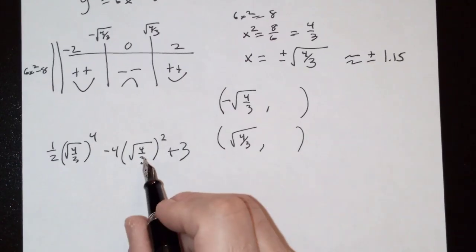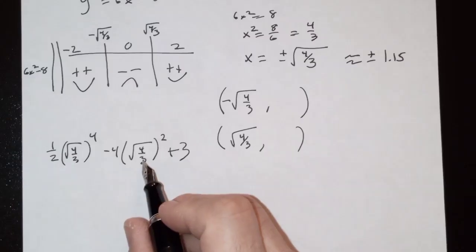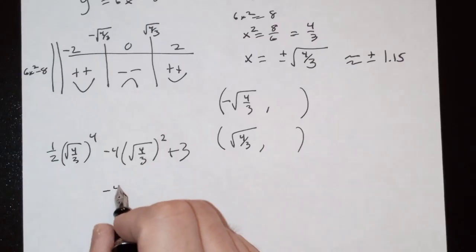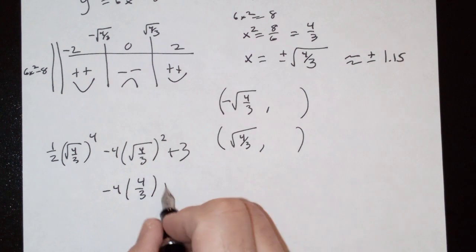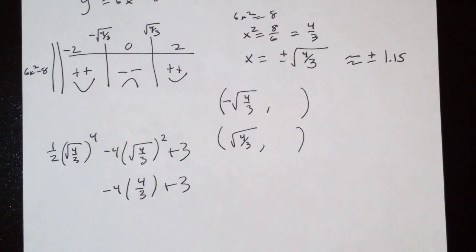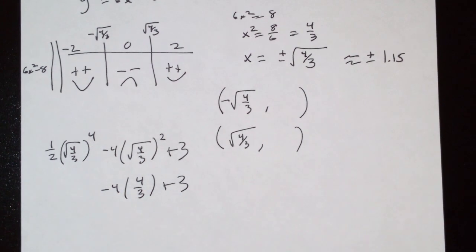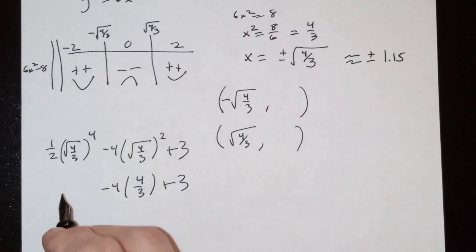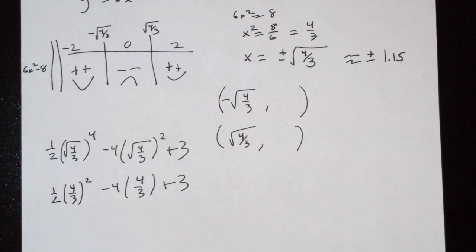But when you square a square root, what happens? Okay, so that's just 4/3. I square a square root, but I'm looking at a 4th power now. That's squaring twice, isn't it? Because 4 is 2 times 2. So I can think of this as 4/3 squared. That makes my life a little easier.